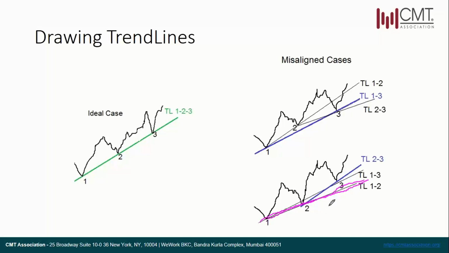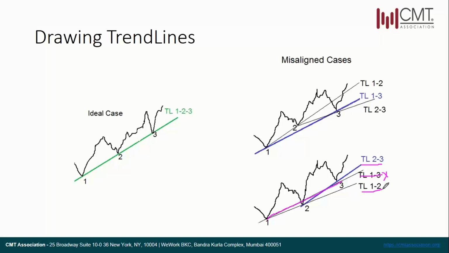But joining this 1 and 3 is not a viable trend line, because in this particular case, the trend line joining 1 and 3 has a violation here, which is the point number 2, which is penetrating this trend line. So it cannot be taken as a valid trend line. The possibility of the line joining 1 and 3 is negative, and this is not an option.